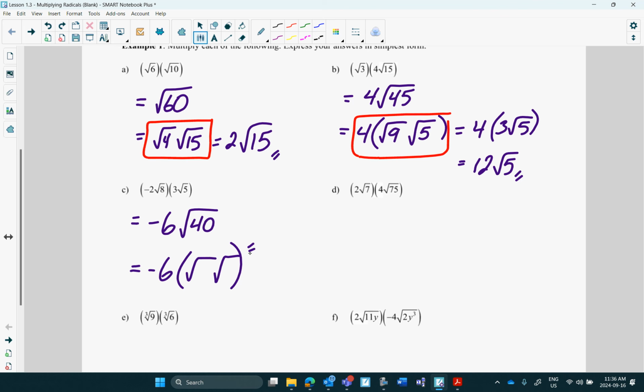What can I break it down to? 4 and 10. That is correct. Which means it becomes -6 times 2 root 10. Then I can multiply the -6 and 2 together, followed by root 10, to get -12 root 10. That's my simplified answer.